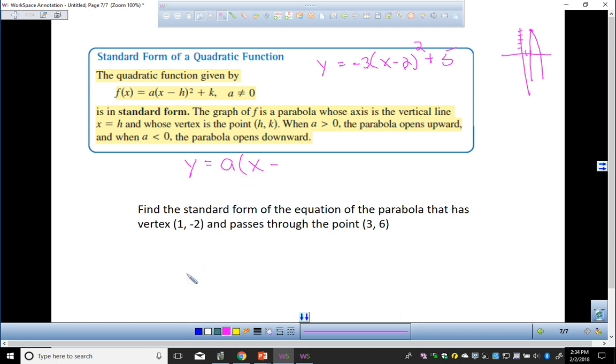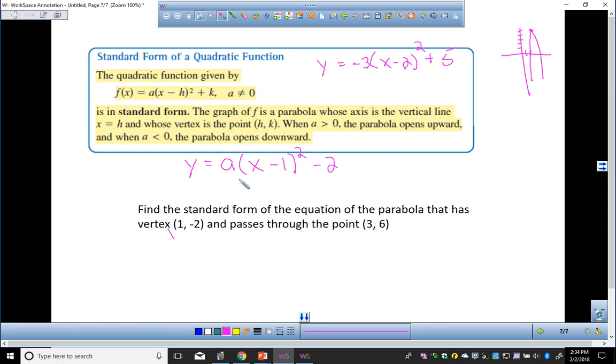What's h in this case? It'd just be 1, right? So x minus 1 squared plus, what? Plus -2. Okay, so it's -2. So that would be the equation of the parabola, except I want to find out what a is.